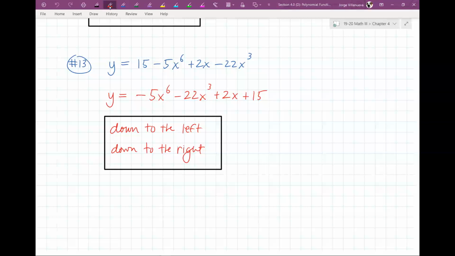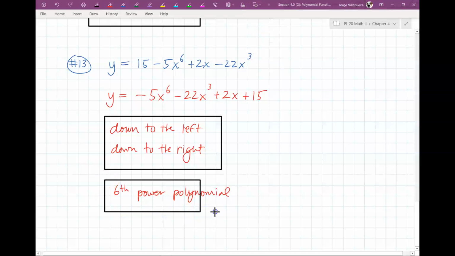We're just going to put 6th power polynomial. For 7, they call it septic, which is not a nice thing to think of, because most people think septic tanks, right? So you don't really want to think of that. So there you go, 6th power polynomial.